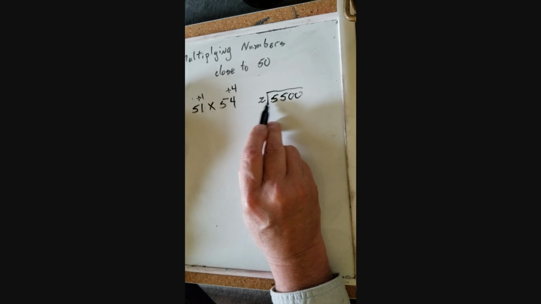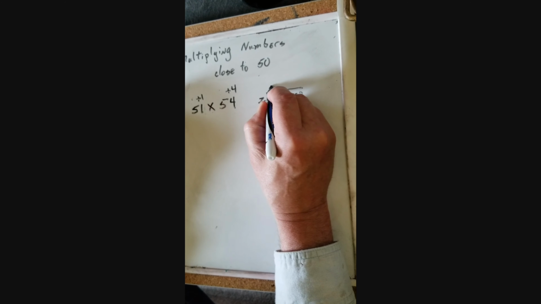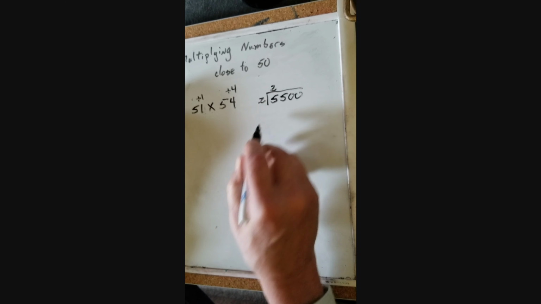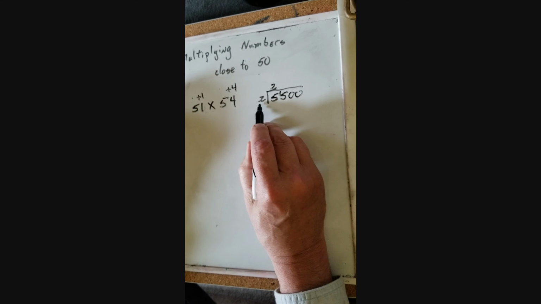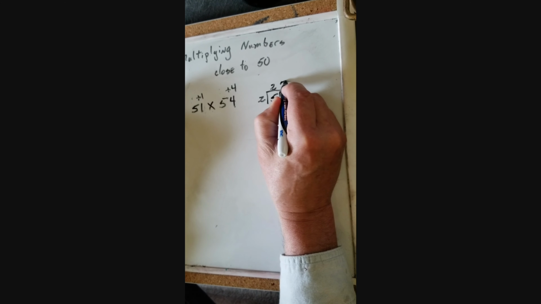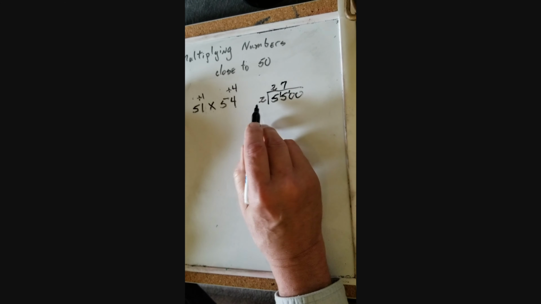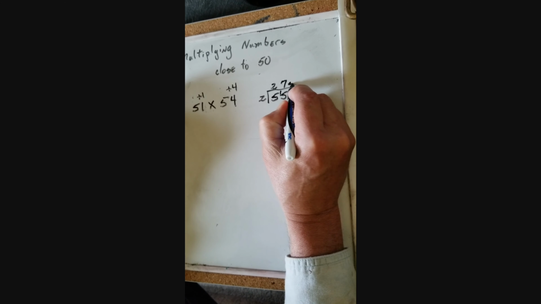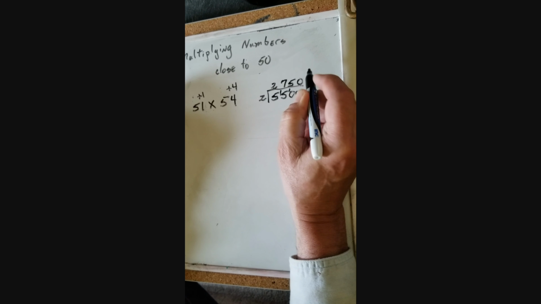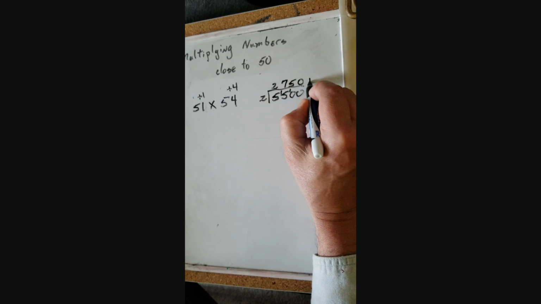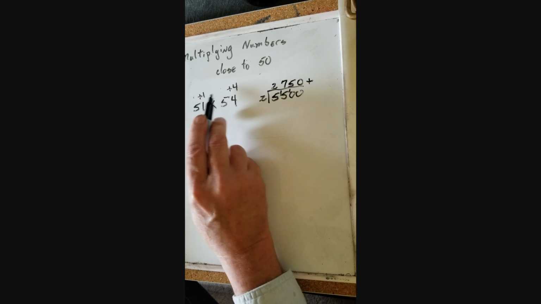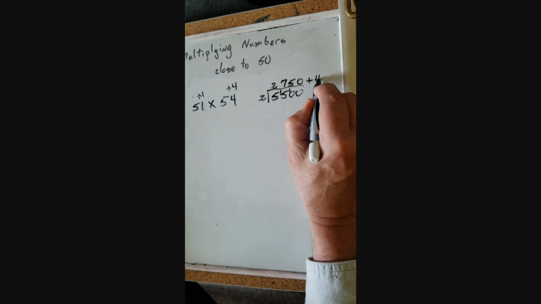So 2 into 5, 2 times with 1 left over, and I'm going to carry the 1 here. 2 goes into 15 7 times with 1 left over, and 2 goes into 10 5, and 0. So 2,750 plus 1 times 4, which is 4.